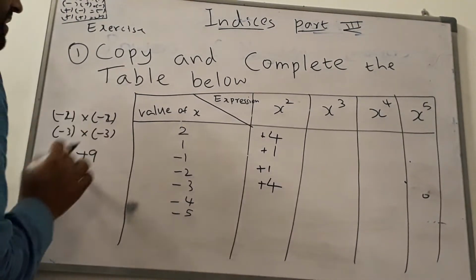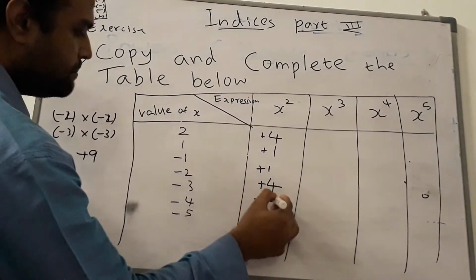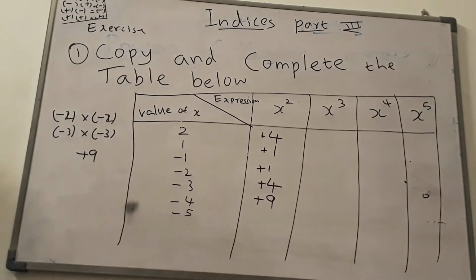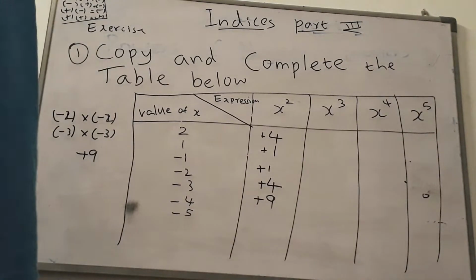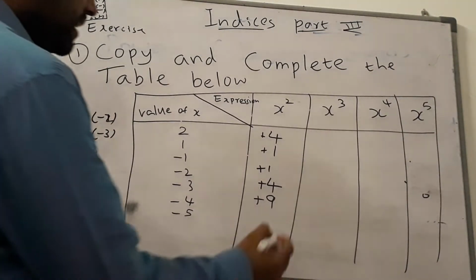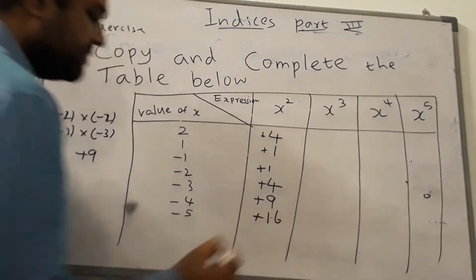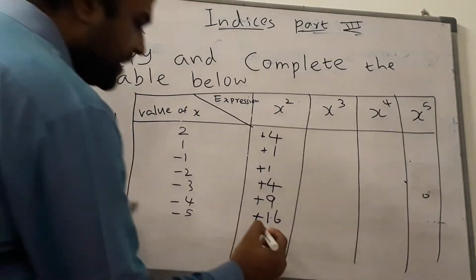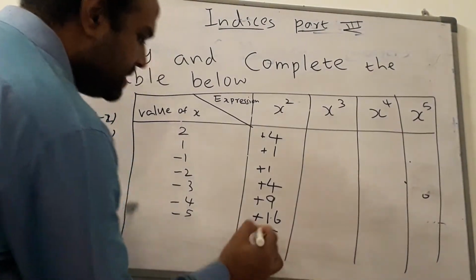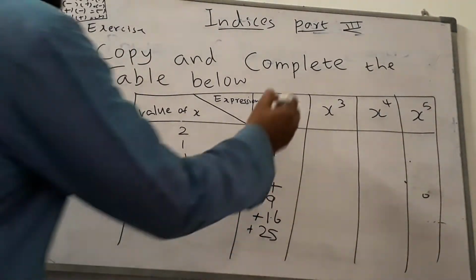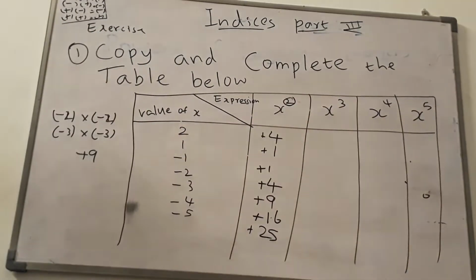So it is plus 9. Next is minus 4. 4 squared means 16, and minus times minus means plus. Same as 5 squared, 25, plus. So if the index is an even number, the answer should be positive.